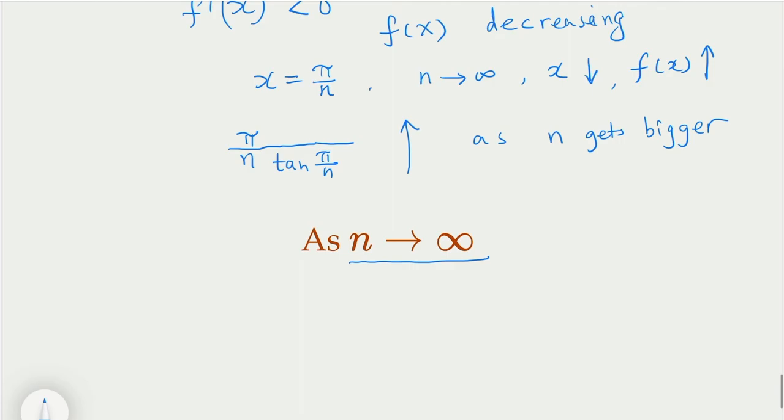Recall that sine x over x as x goes to 0 is equal to 1.